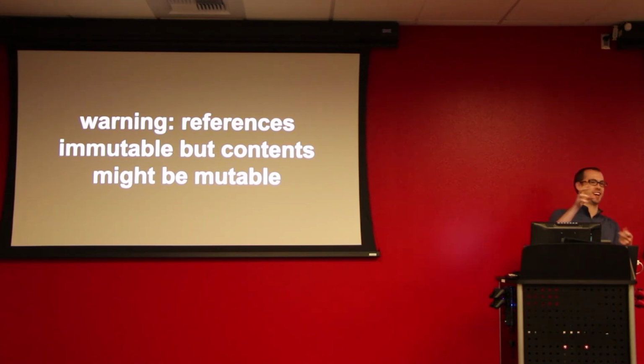So you get to decide to put these contents into this collection, and what you decide to put in there might be editable. You might put in something that can be mutated. So if you really want to have thread safety, you need to make sure that the collection is immutable, which means that you put immutable elements into it.